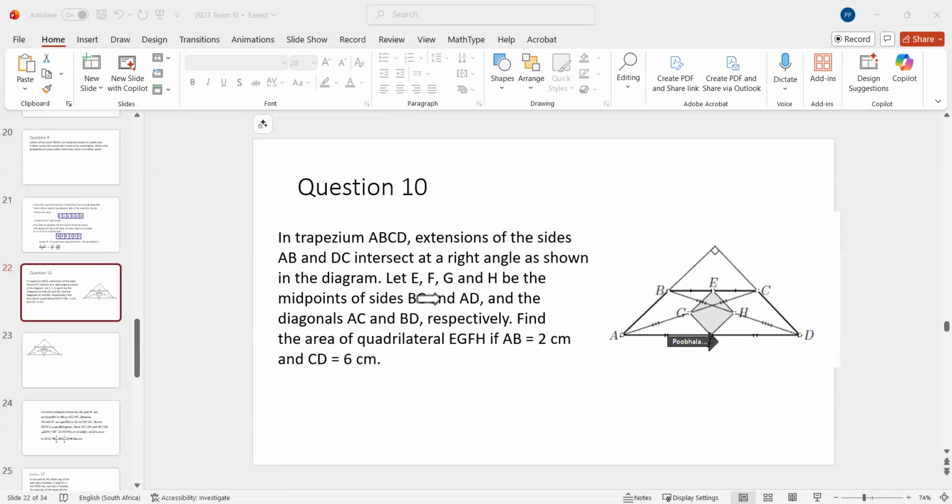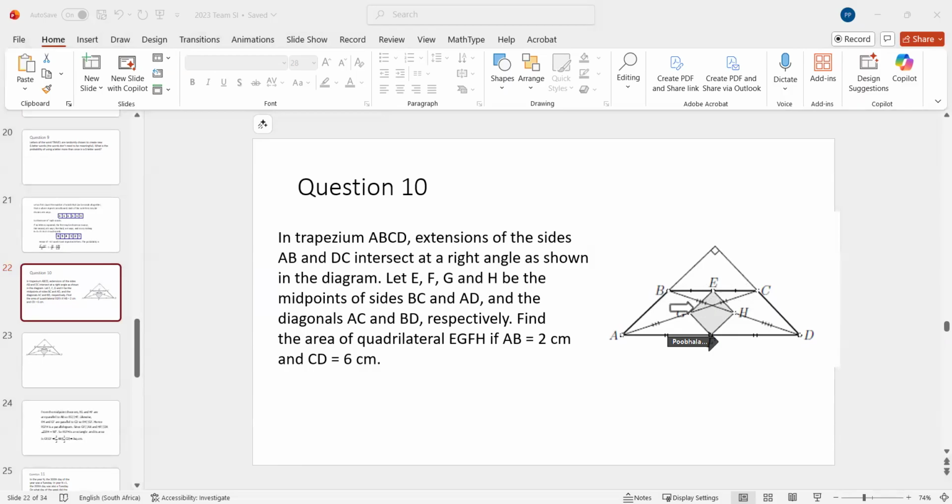It's given. Yeah, it's a trapezium. ABCD is a trapezium, so therefore BC is parallel to AD.